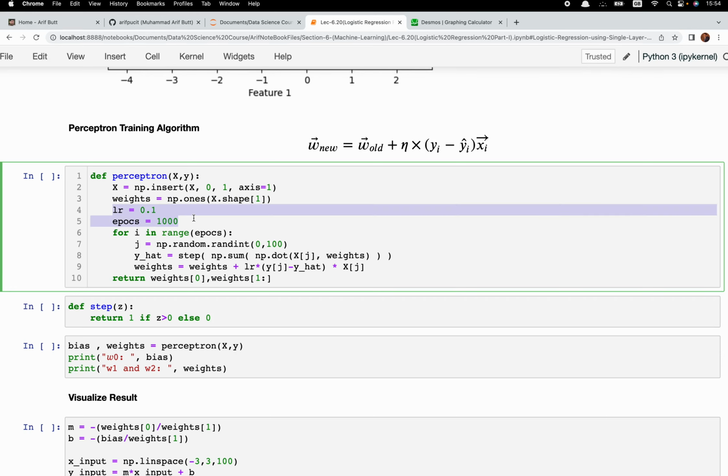Then I am initializing the learning rate to 0.1 and number of epochs to 1000, which are the hyperparameters. Do play around with these values to see their impact on the final result later on.